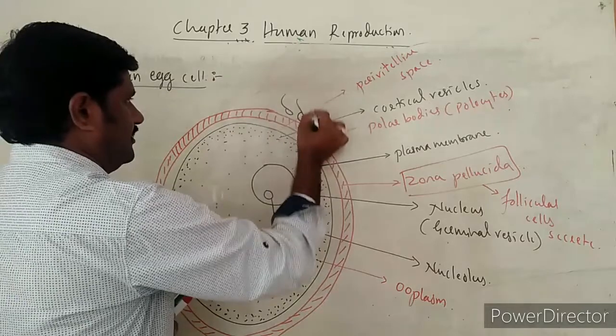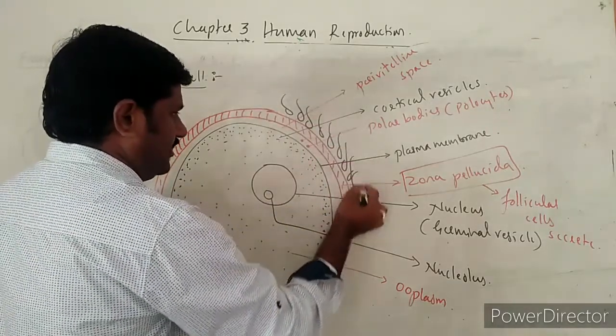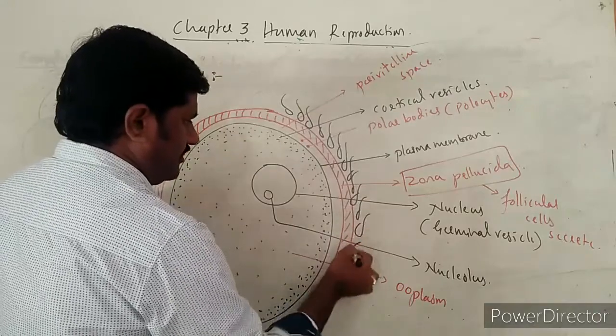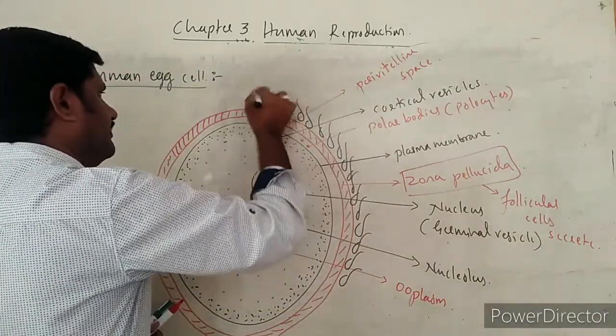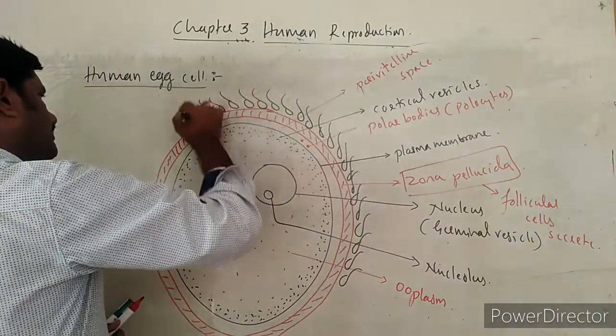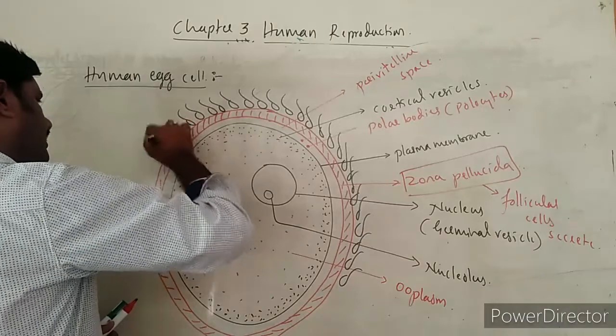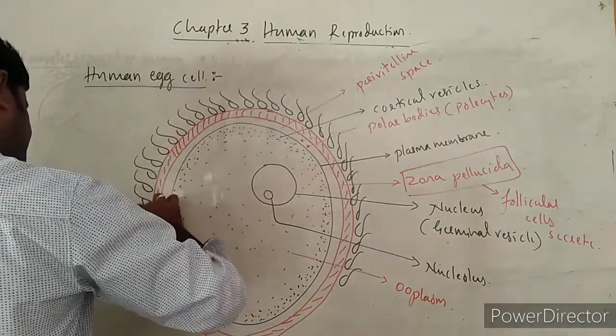I have already mentioned this layer in the last video, and this layer itself is called the corona radiata, which is made up of radiated cells.